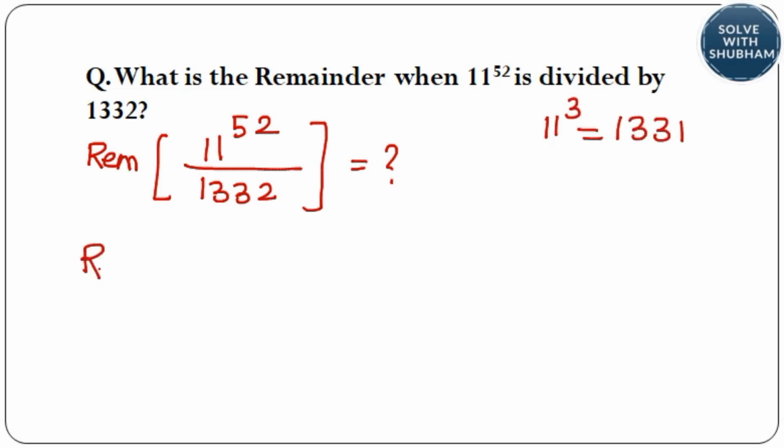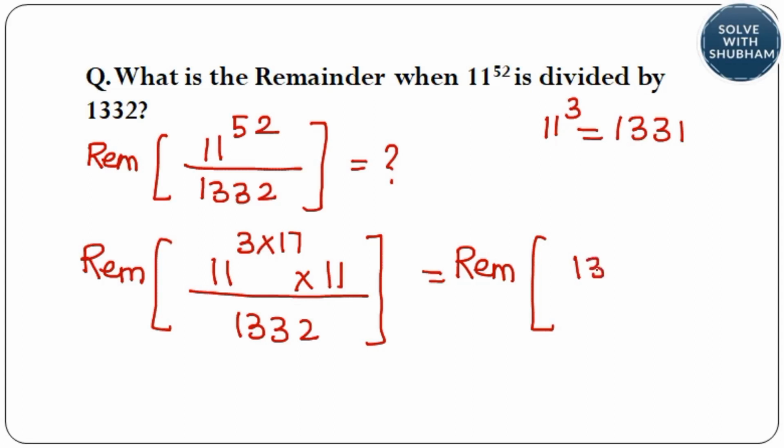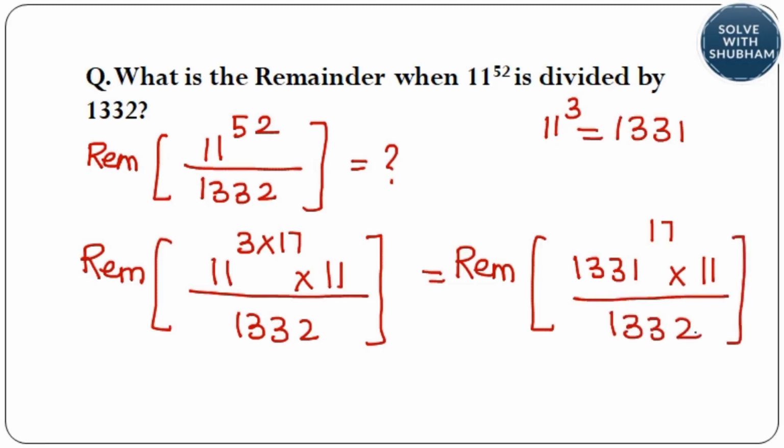So can we represent 11 power 52 in 11 power 3 format like this? In this case, the remainder we need to find out is 1331 to the power 17 into 11 power 1 when divided by 1332.